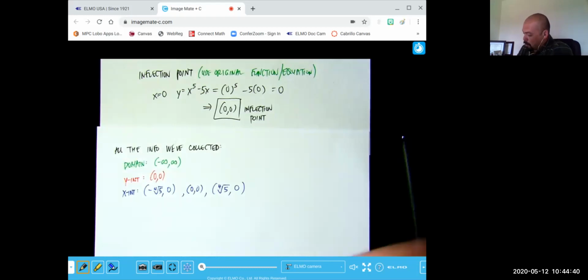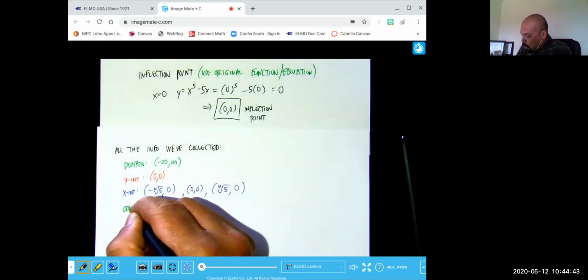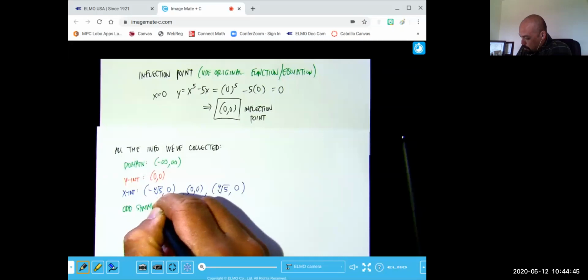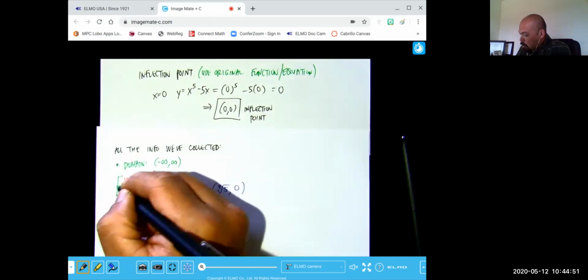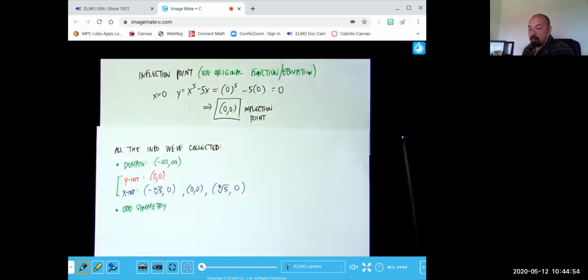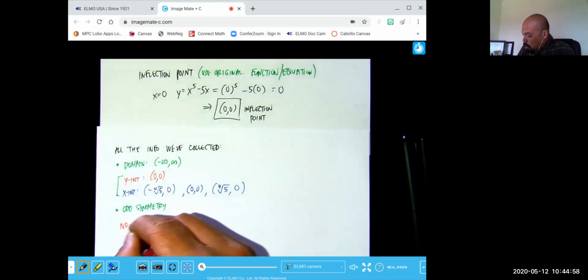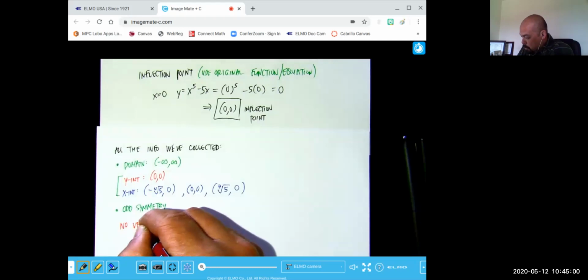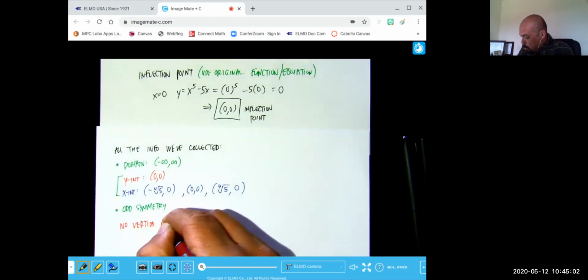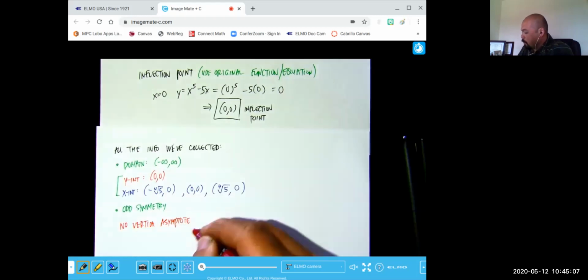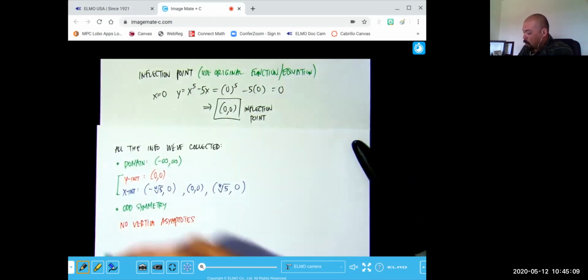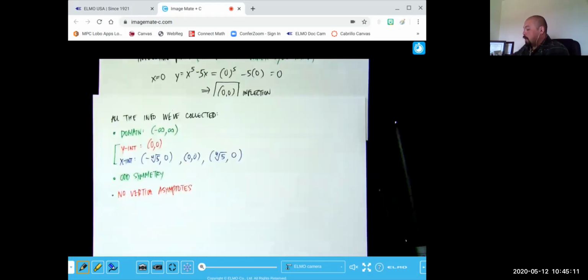We had odd symmetry. Okay, all right, so looking at some of these pieces. There was no vertical asymptote. Okay, no vertical asymptotes.